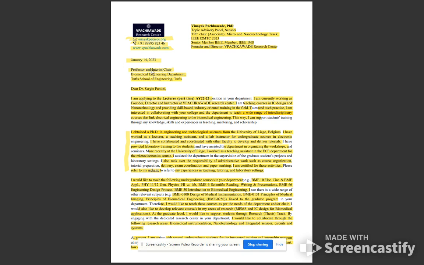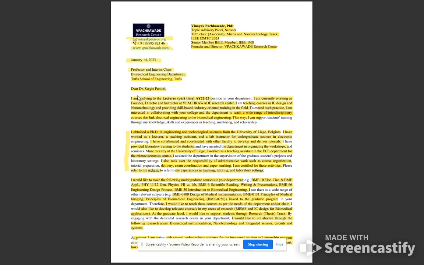Try to give information on whom you are addressing this letter to. For example, here it is the chair, head of the department, or the dean of the college. Mention the name of the department and the school and the college and the university name. Start with the name of the chair or head or the dean, because that's quite personalized.